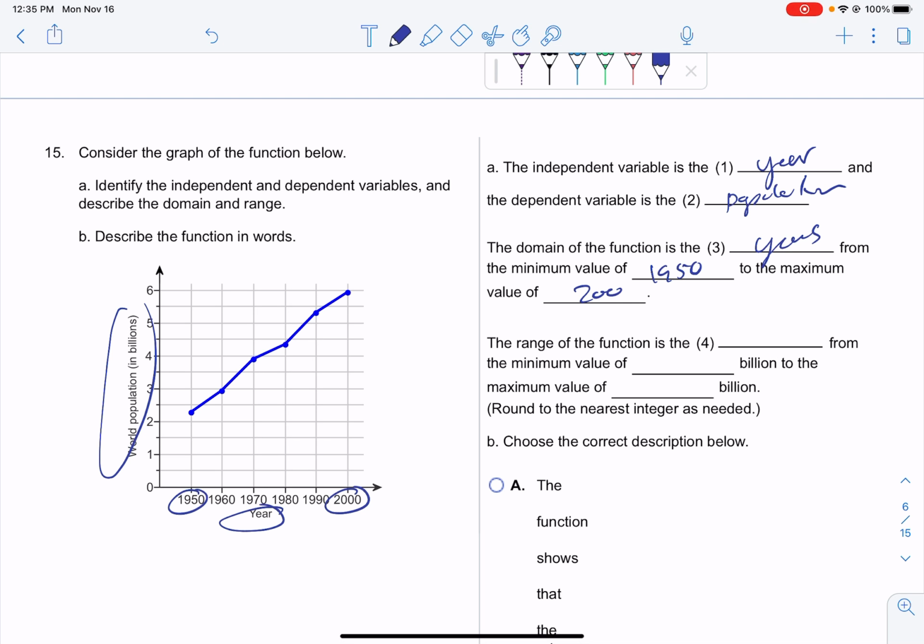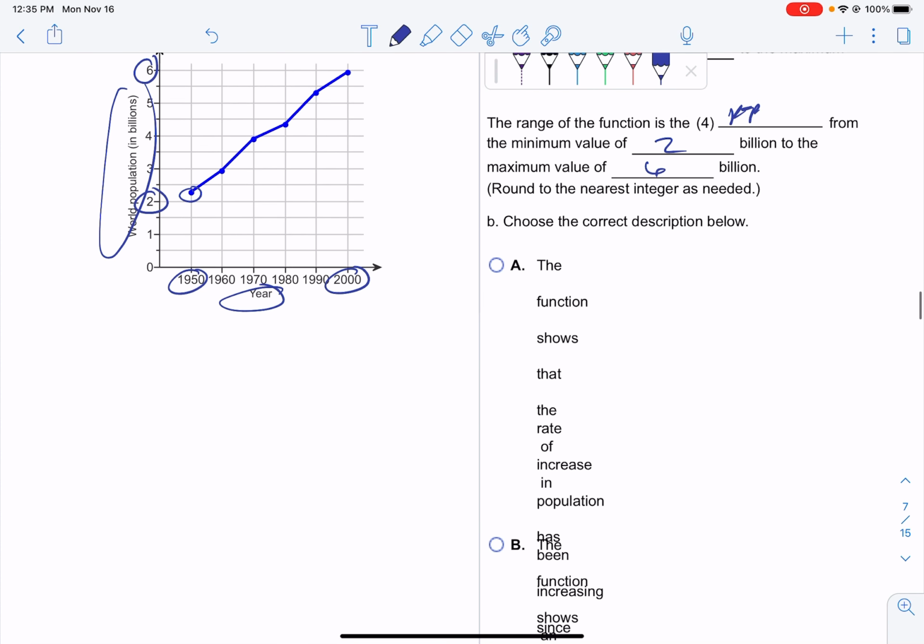The range is the population, and it goes from right about here. So it goes from, let's see, round to the nearest integer. So I'm going to say that rounds to 2 billion. It goes down to 2, and we go up to about 6 billion people. So I look at the lowest amount and the highest amount. Choose the description below.